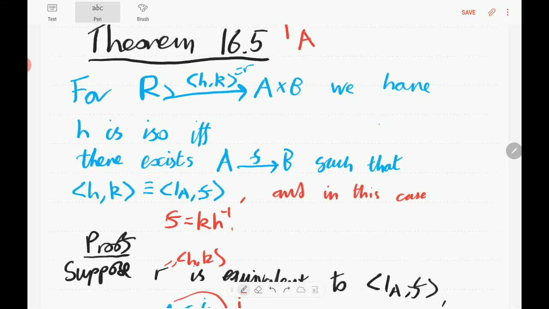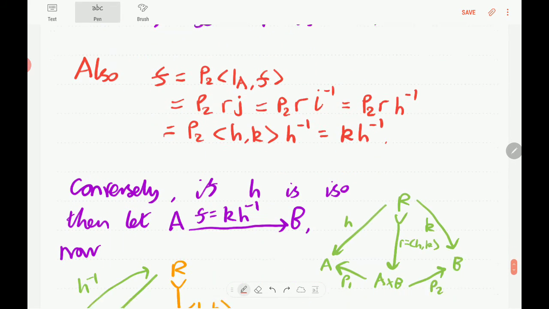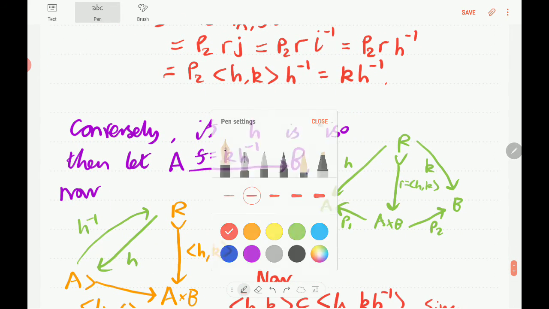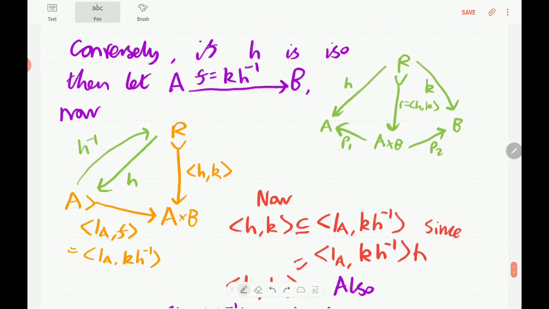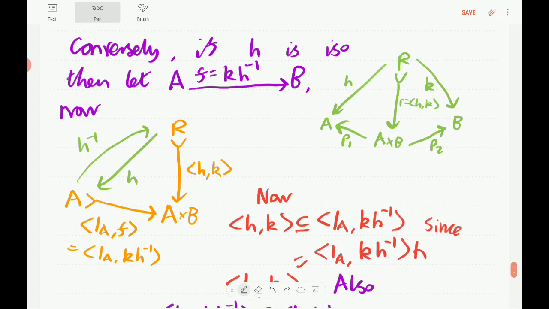Now let's go the other way around. So conversely, let's now suppose that h is an isomorphism. And what we're going to do is let f equal k after h to the minus 1. And we're allowed to write h to the minus 1 because we know h is an isomorphism now. Now here's the thing.